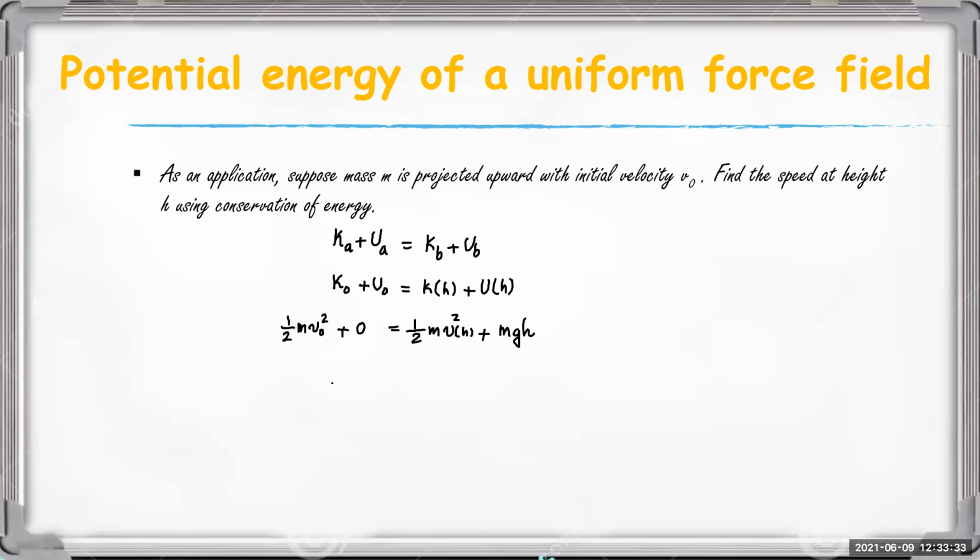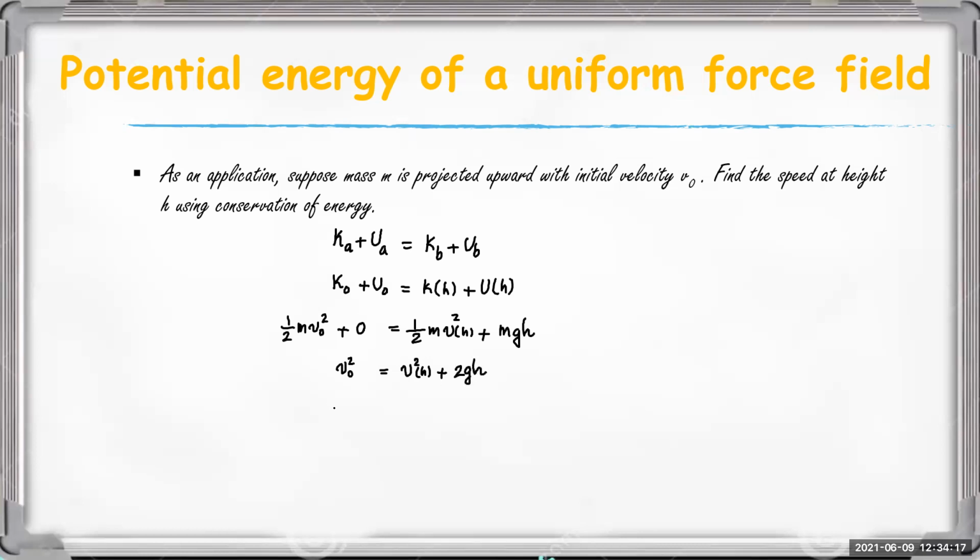For that, first we cancel all the m and multiply the equation by 2. Then we obtain v0 squared is equal to v squared of h plus 2gh.